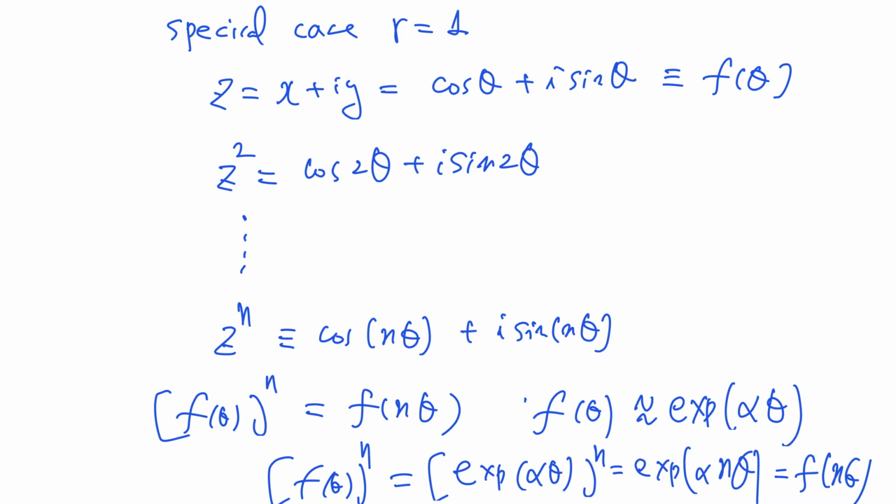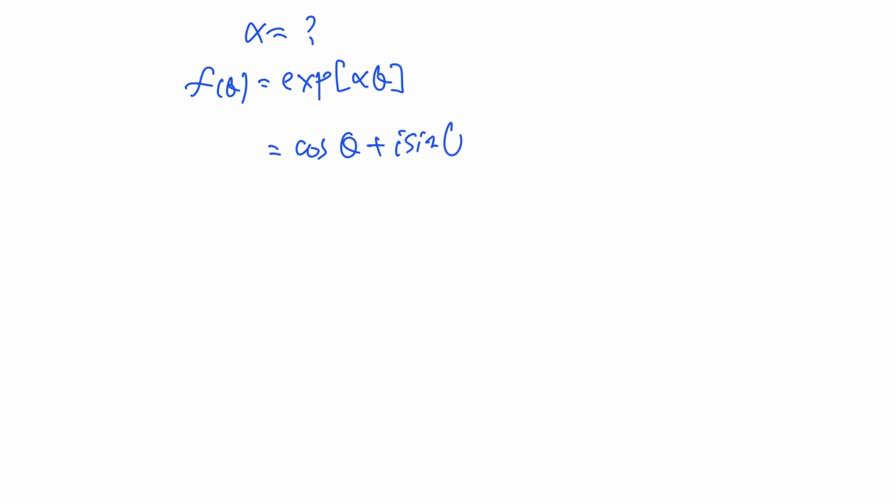So this is an exponential function. So alpha is... so f of theta, exponential alpha theta, equals cosine theta plus i sine theta.